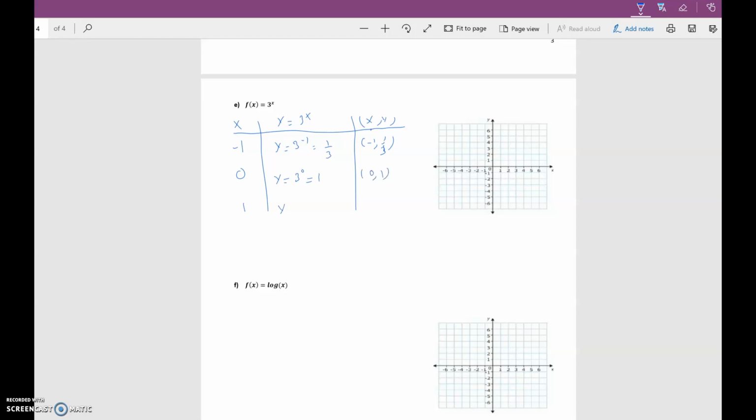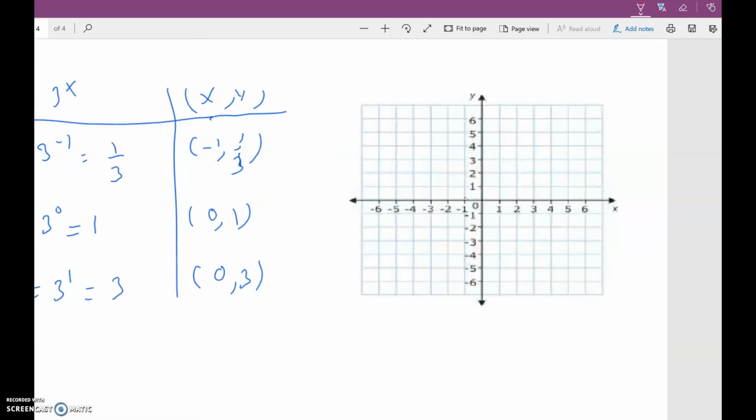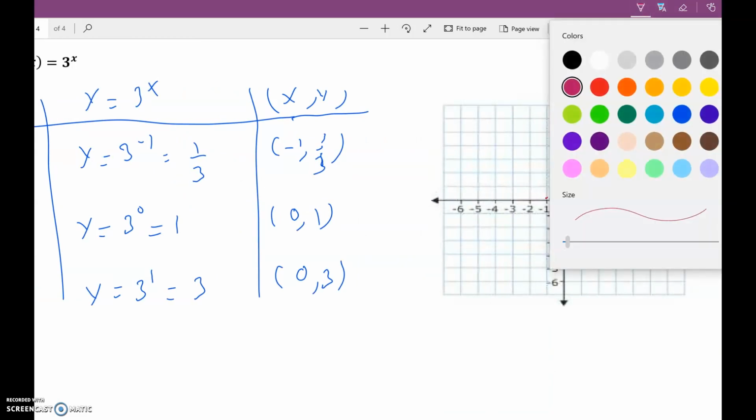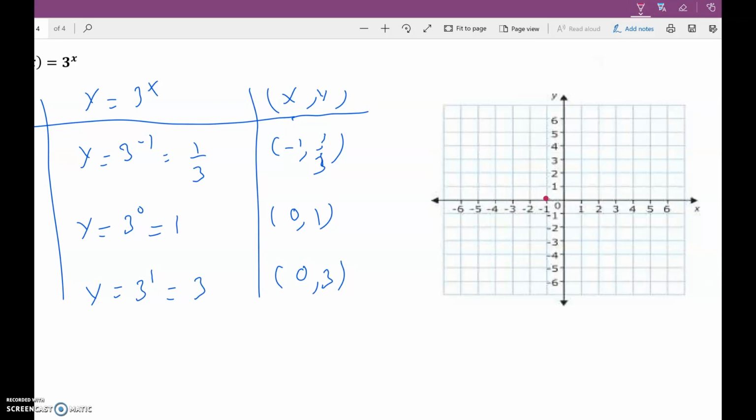And then at 1, you're going to have y is equal to 3 to the first, which is equal to the value of 3. So you're looking at 1, 3. And for our actual coordinate points, you're going to have -1. A third is about there. Actually, let me make this larger. I'm just going to say that's a third, somewhere about there. I think it's a little bit higher, so let me just put the dot right above it.